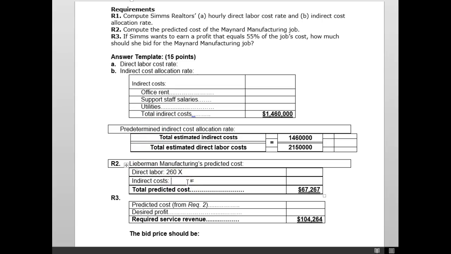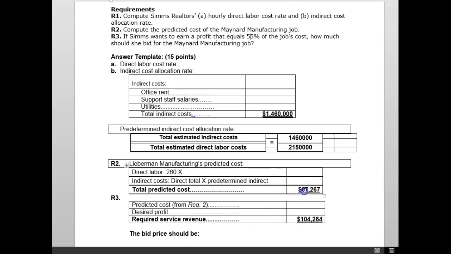Then you would take that direct labor total times the predetermined indirect rate that you calculated right here. And that would give you the amount of indirect costs. And then you would add those together and hopefully come up with $67,264.